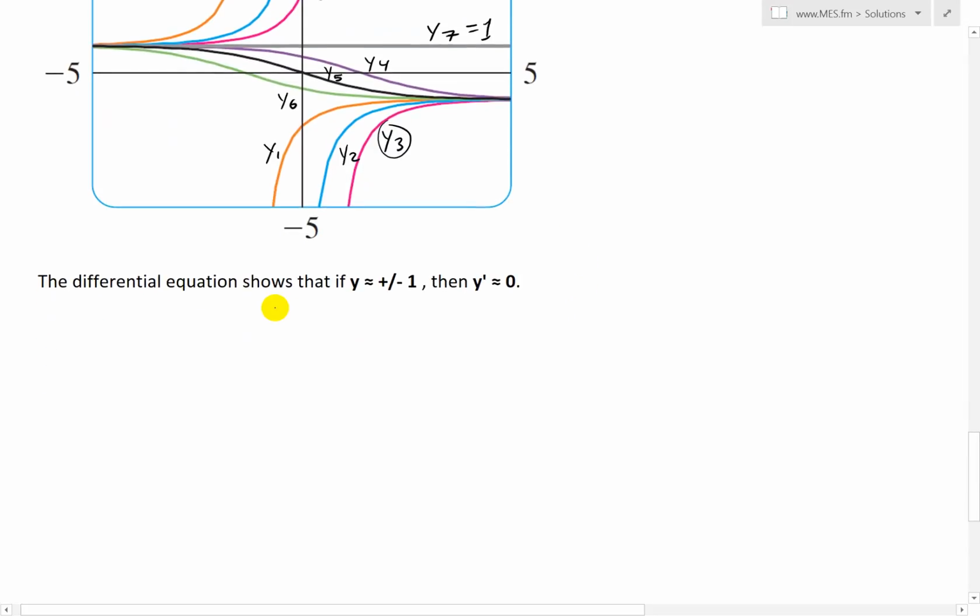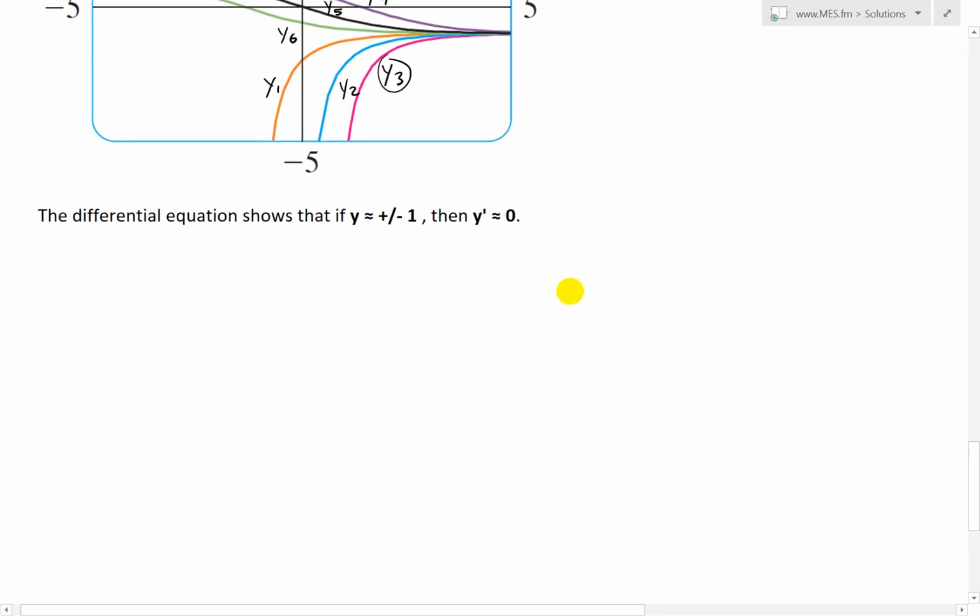The reason is the differential equation shows that if y is getting close to plus or minus 1, then y prime is 0. Let's just write this down. As y is approaching plus or minus 1, y prime approaches, well, remember our equation is 1/2 (y squared minus 1).